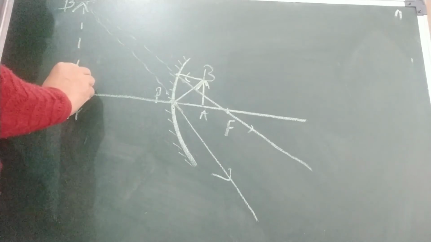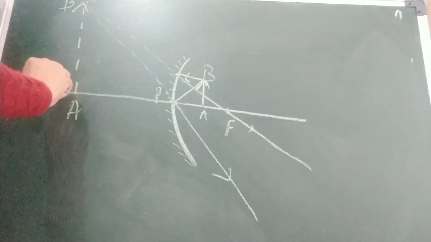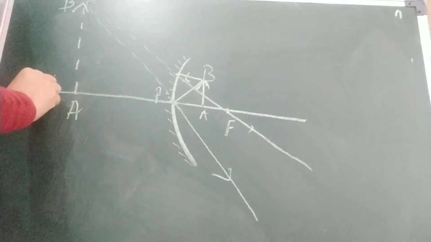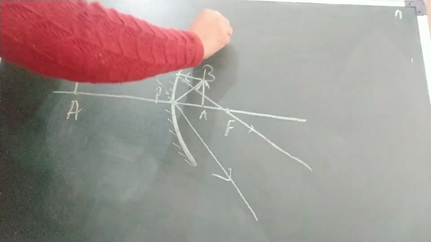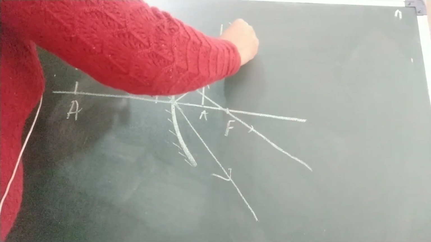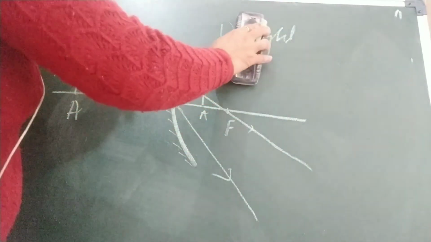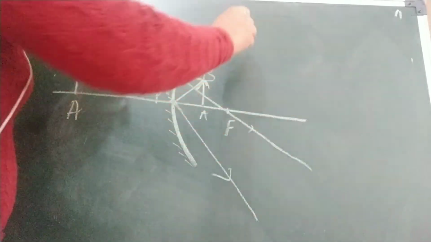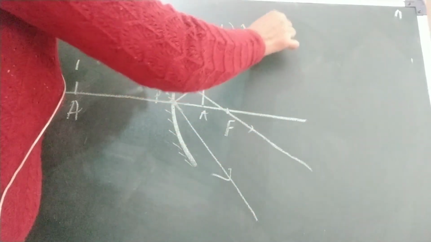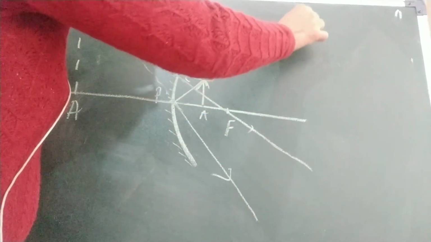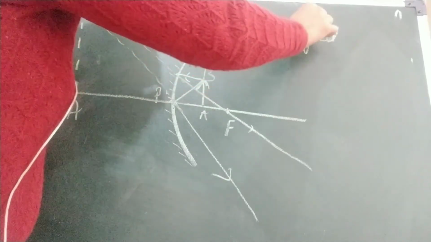Here we are seeing that the size is not the same, it is highly magnified. Highly magnified. And we can say magnified, not highly, it is not very big, it is a little bigger. We are going to write magnified image, a bigger image is forming. Magnified.